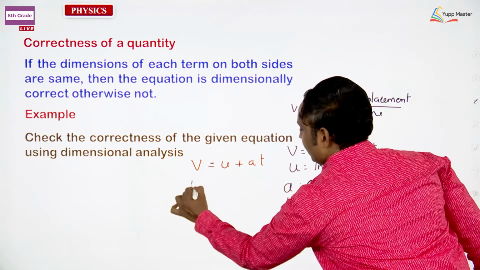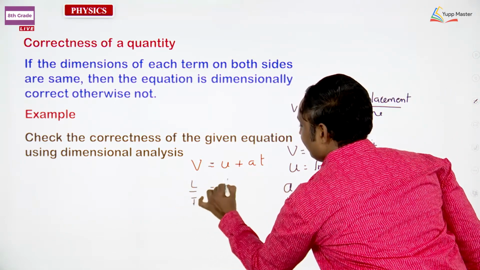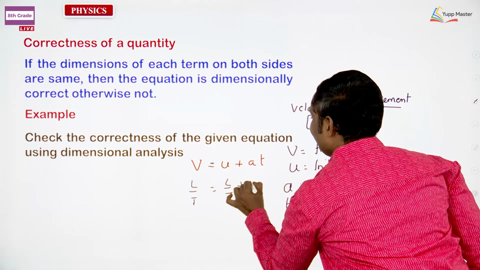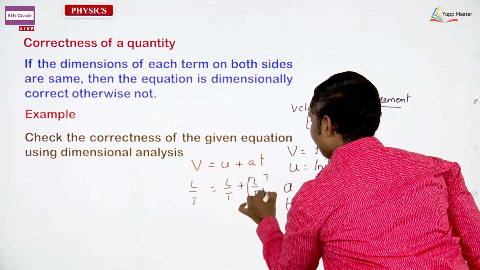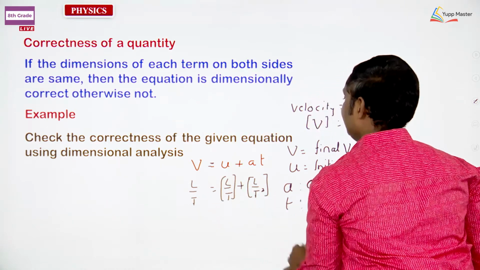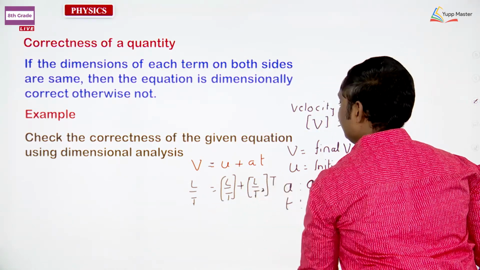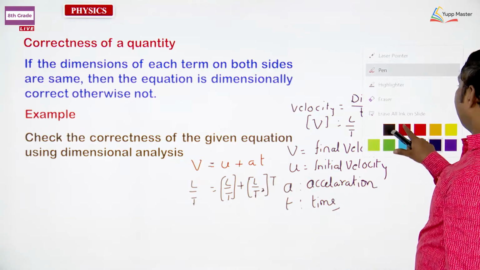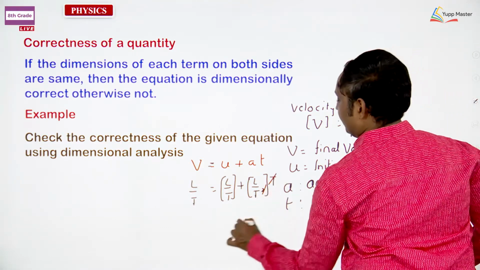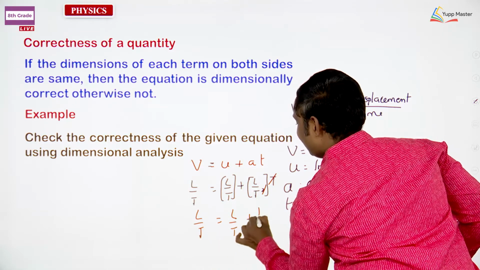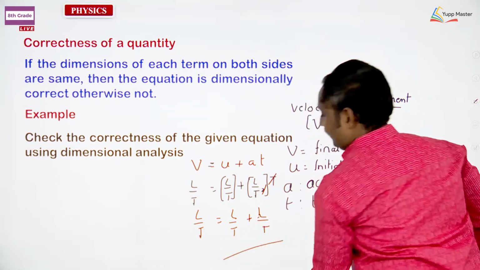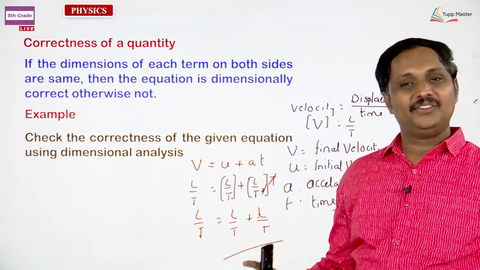Now, you can write L by T, and this is also L by T, plus this is L by T square, and this is about T. Finally, you can substitute and do the calculations: that is L by T plus L by T. So, it is dimensionally correct on the left hand side and right hand side.